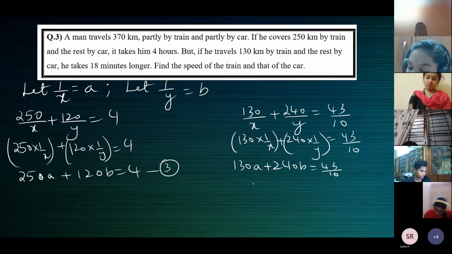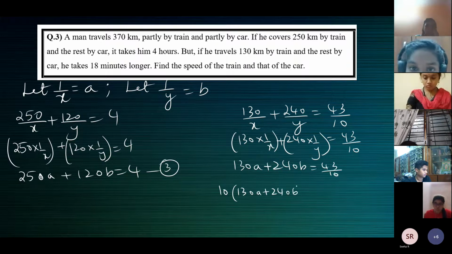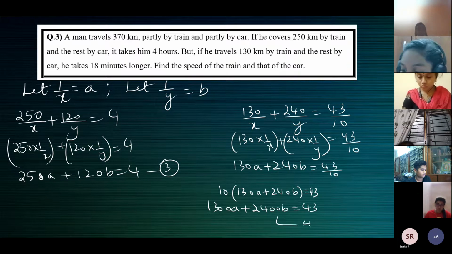Cross multiply, you get 10 into 130a plus 240b is equal to 43, or you'll get 1300a plus 2400b is equal to 43. This is your fourth equation. Solve equation 3 and 4.